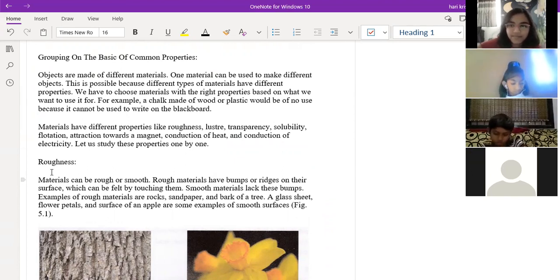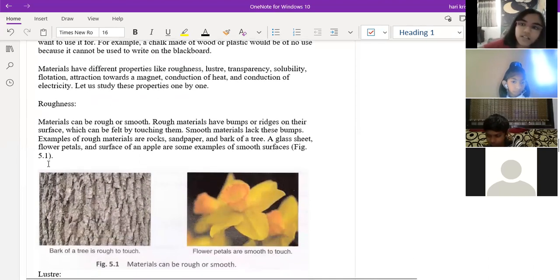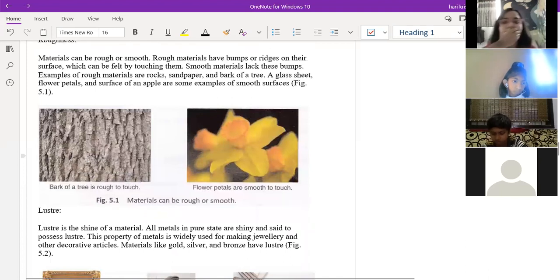Soluble on one side, insoluble on the other. Transparent on one side, opaque on another, and translucent on another. So based upon our need, we'll classify the objects into different groups. That's what is explained here, roughness. If you touch the wood, the bark of the tree, it is very rough in nature. But if you take a plant flower, it is very soft in nature, right?